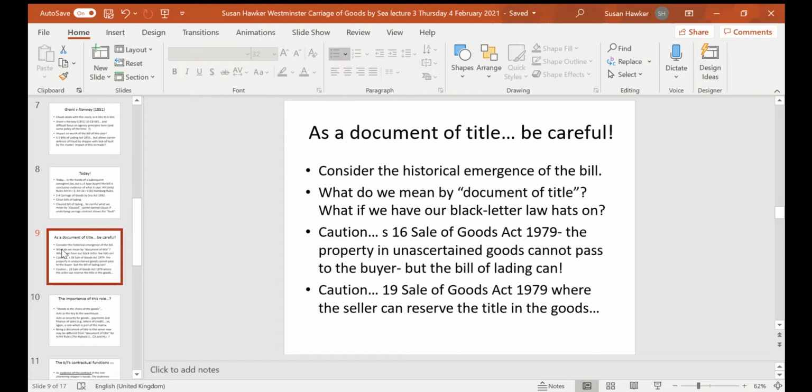They don't actually take the property in the goods, because under English law, Section 16 of the Sale of Goods Act provides that the property in unascertained goods cannot pass to the buyer. The bill of lading can be transferred.